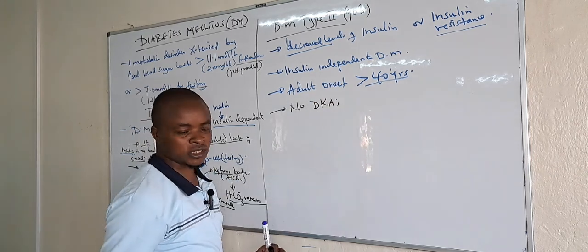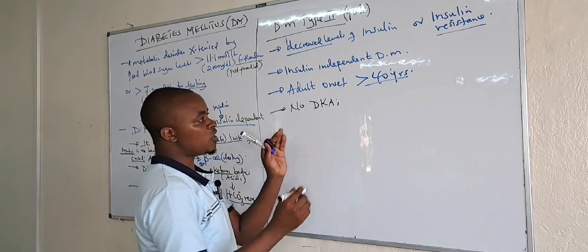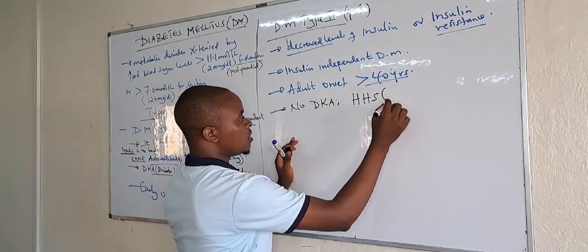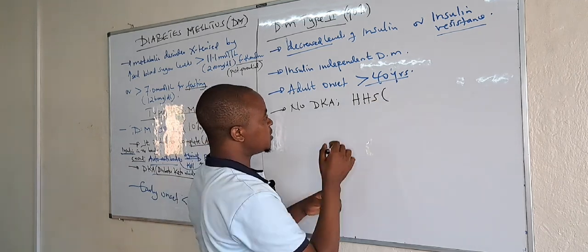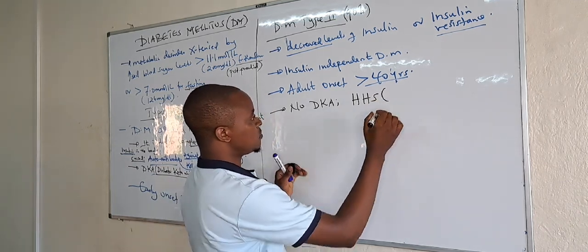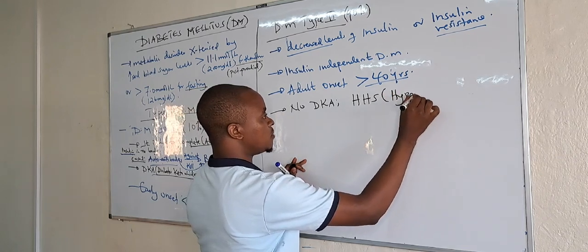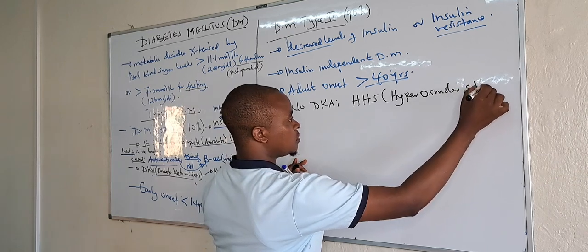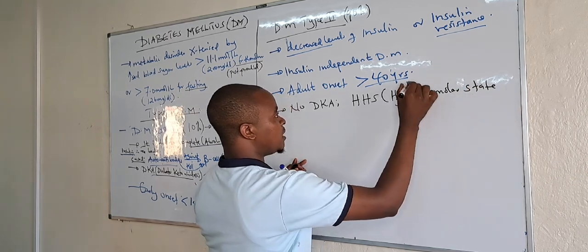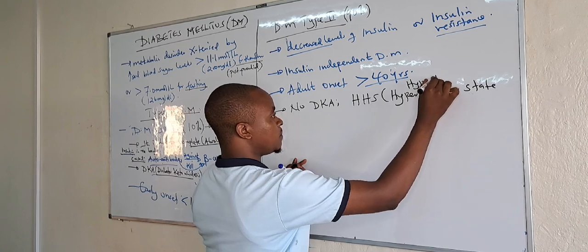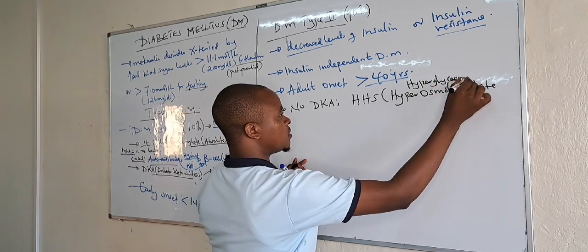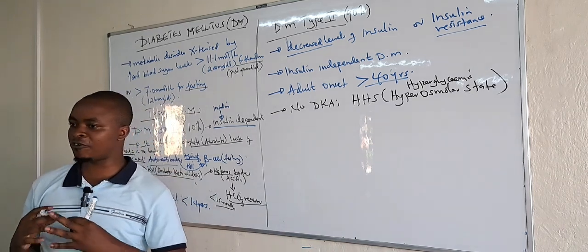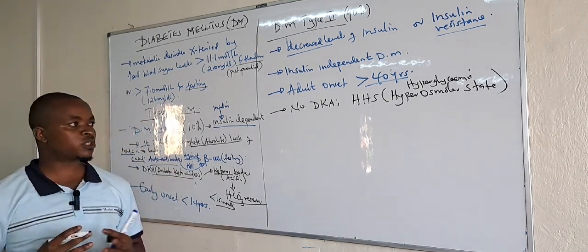Instead, people with diabetes type 2 go into what we call HHS, the hyperglycemic hyperosmolar state, whereby there is increased blood osmolarity.